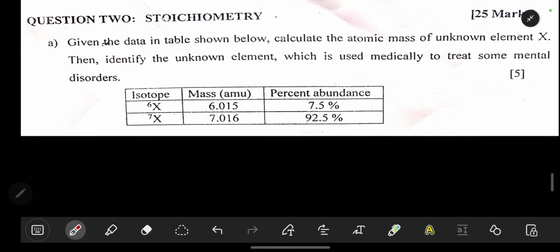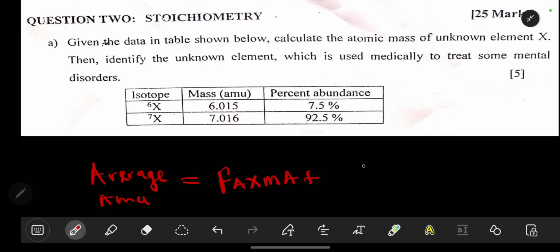To answer this one, the formula we are going to use is: average atomic mass equals the fraction of A times the mass of A plus the fraction of B times the mass of B.